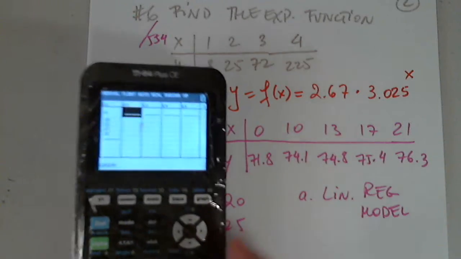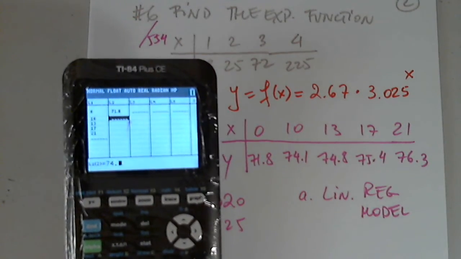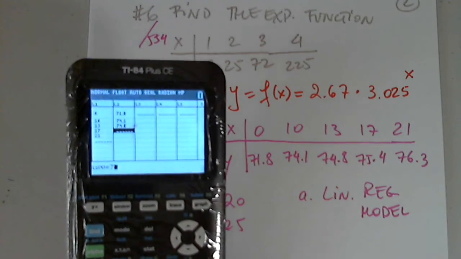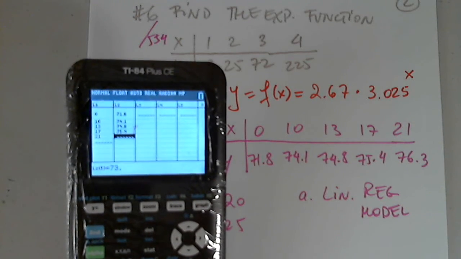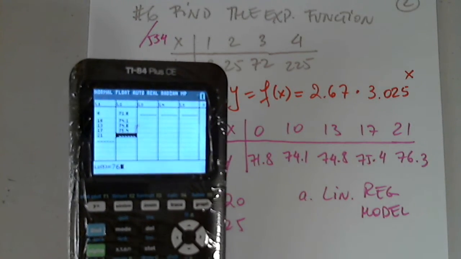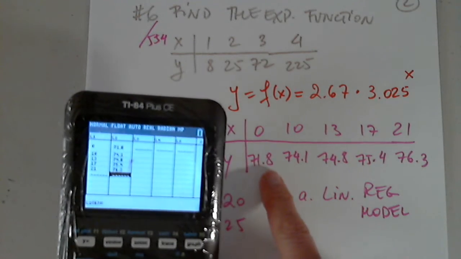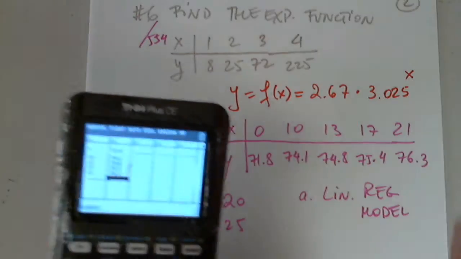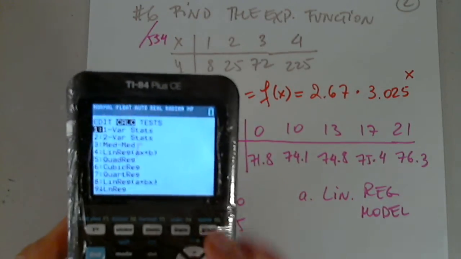And I will enter 71.8, 74.1, 74.8, 75.4, and 76.3. I'm checking my numbers. Yes, that's okay. Perfect. So second and quit, we go back to stats and back to calculations.